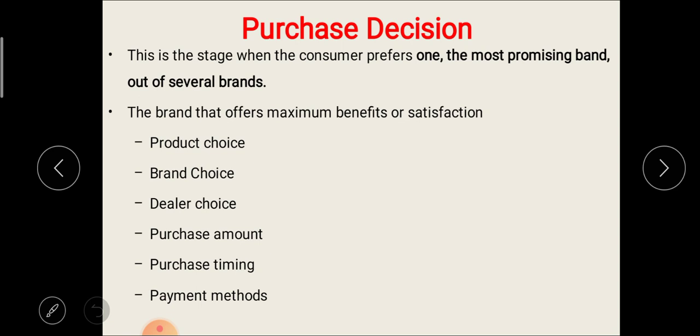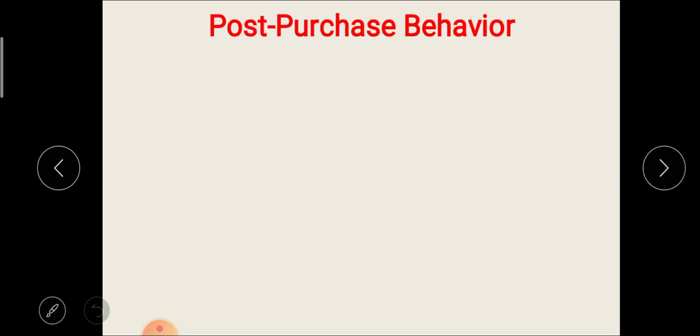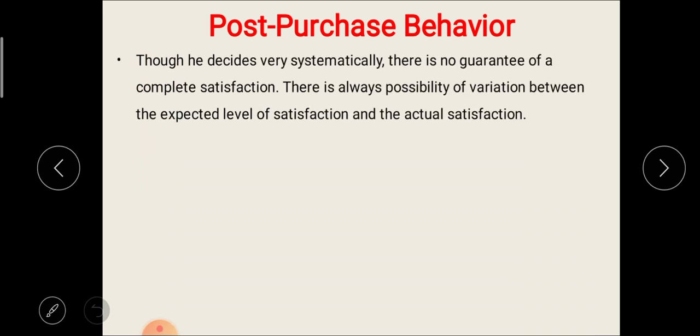Also, once brand and outlet have been decided, the consumer moves to the transaction or buying of that particular product. Okay, so after this purchase decision, the last one, that is post purchase behavior of the consumer. In post purchase behavior, there is no guarantee of complete satisfaction.